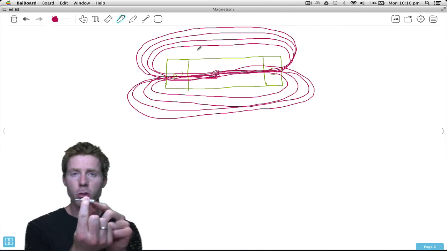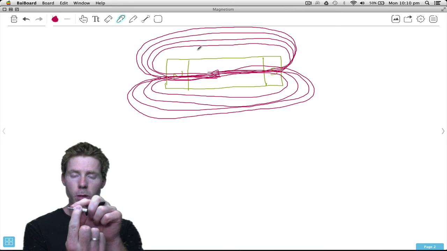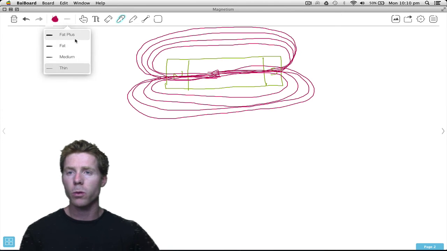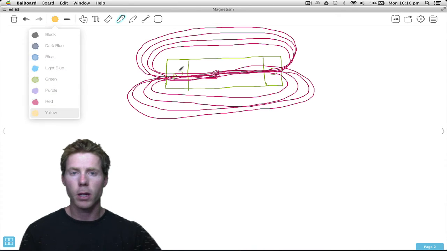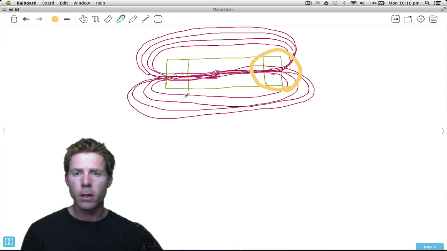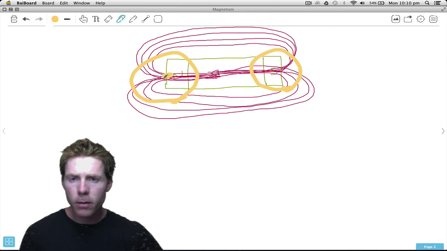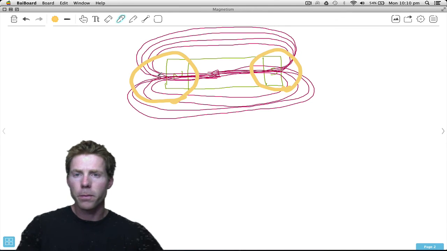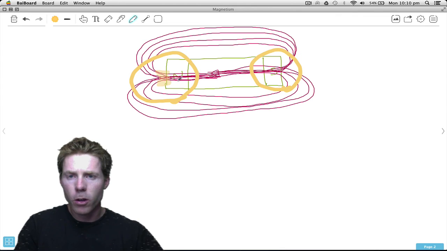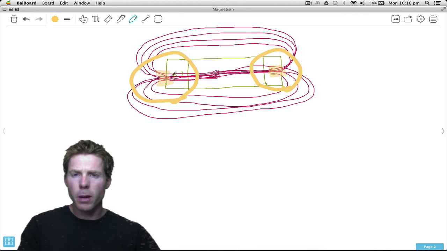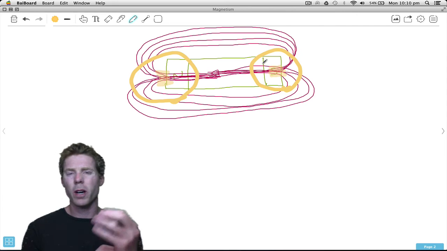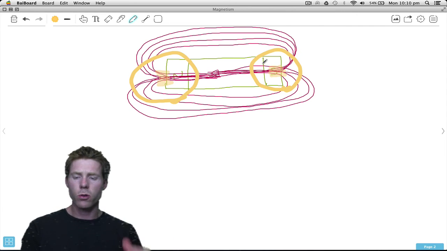So where do you think it's going to be strongest with this magnet? Well, it's going to be at the poles, because if you notice at the poles, they're very, very concentrated. In fact, I should get yellow. So look at the pole there, look at the pole there. See how these are very concentrated right here. Lots of lines very close together. But as you go away from the poles, they're actually going through the air in this case, and they're getting further apart, not as strong. So that's why the poles are the strongest.